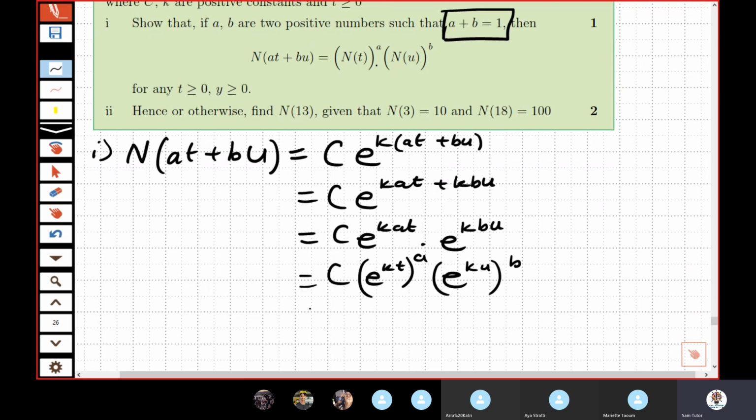So what happens is this is technically C to the A, and this bit here is C to the B. But what's C to the A times C to the B? Isn't that C to the power of A plus B? And that just equals 1, which is C to the 1 there.